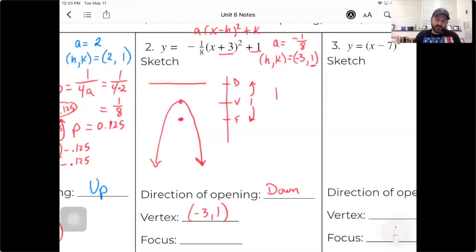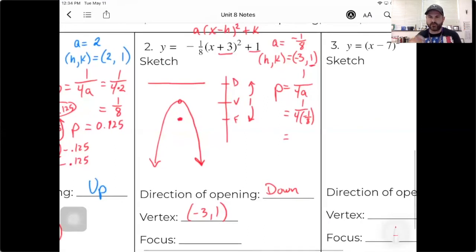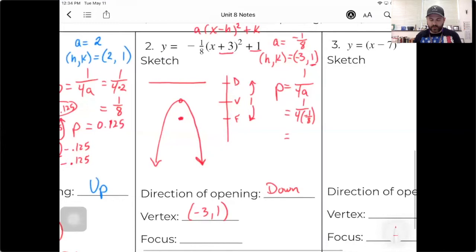So we need to do that by finding our p value. So we do 1 over 4a. This time that a value is -1/8. I'm going to put it in as a negative, but I'm going to explain what that does in this case so we don't overthink it. When I do 4 times 1/8, what you're really doing is 4 times 1 divided by 8. 4 divided by 8 is the fraction 1/2 or 0.5.